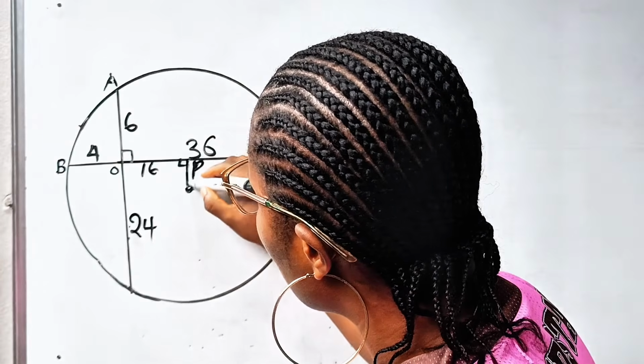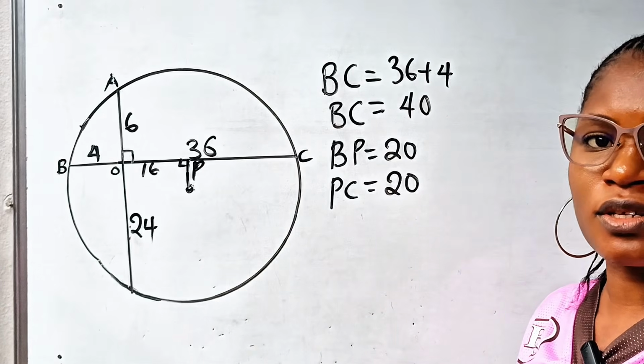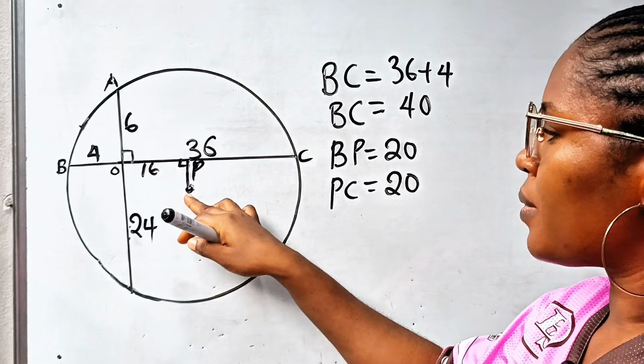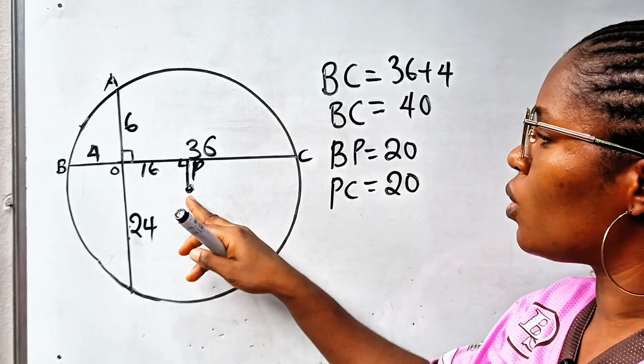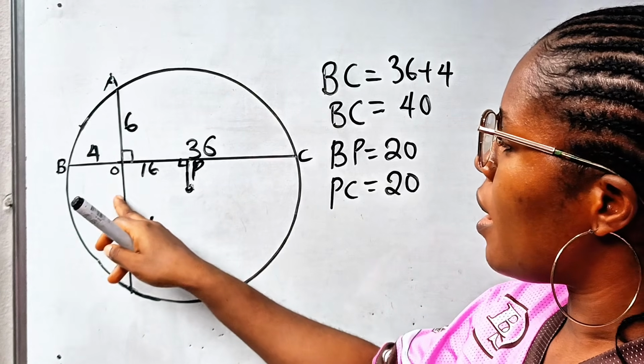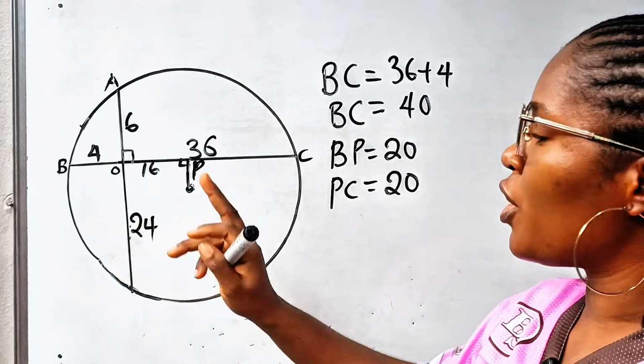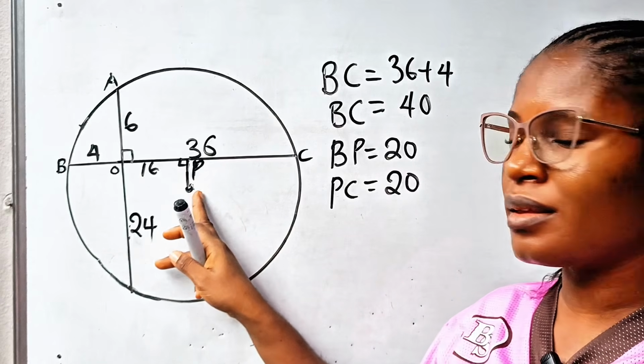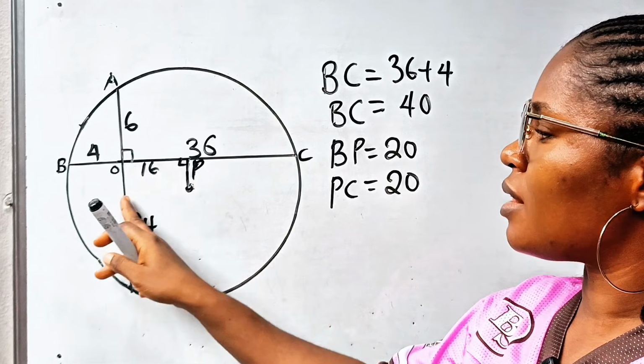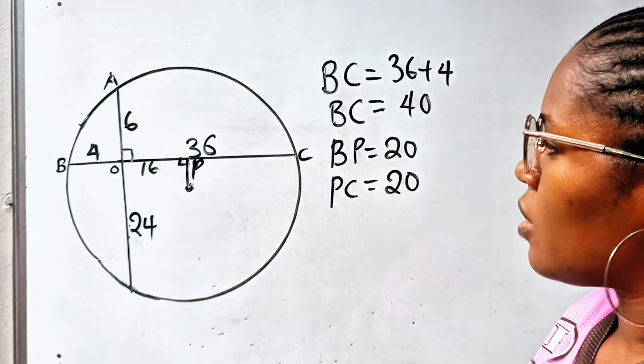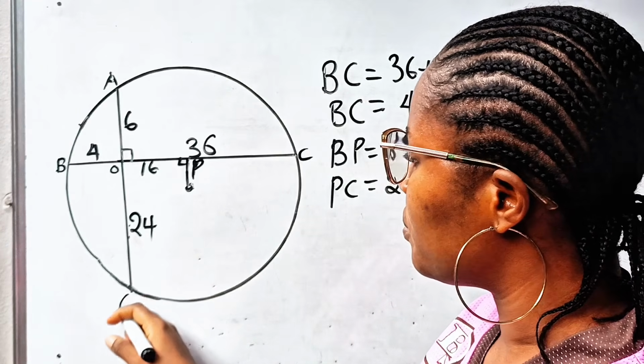All right, so we are going to drop another straight line that is coming from the center and perpendicular to A. Let's call this AQ.